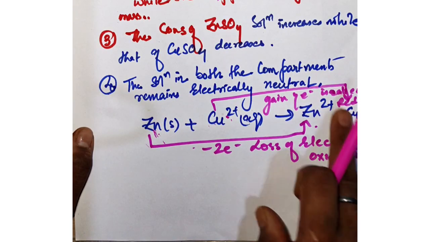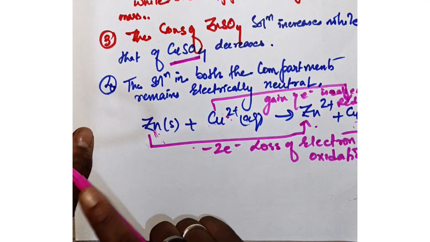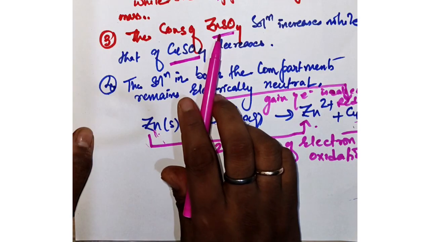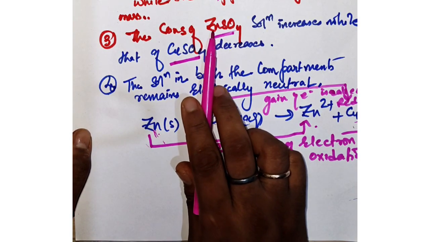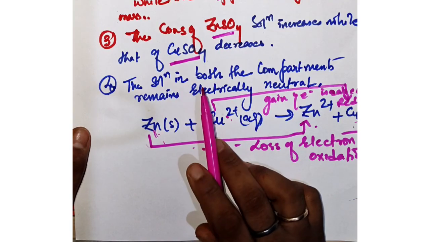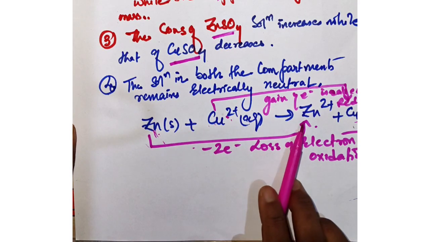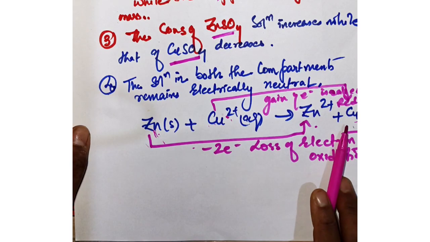The mass of copper is increasing and hence the concentration of CuSO4 is decreasing, whereas the concentration of ZnSO4 increases. Zinc metal is coming into the solution as Zn2+, so here the mass is less and there the mass is more.